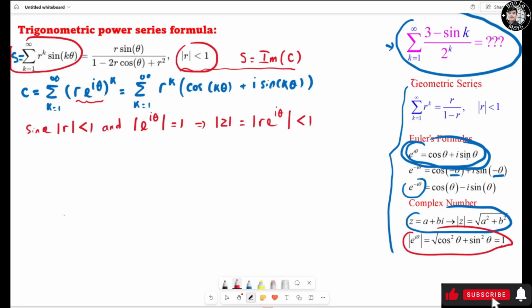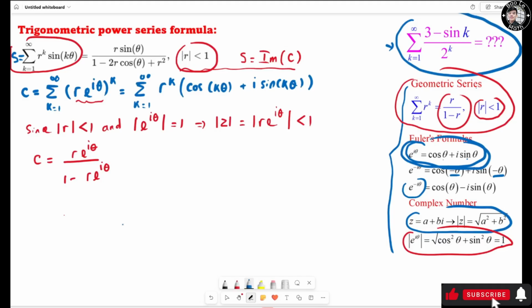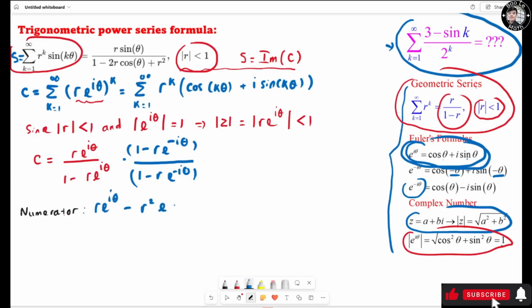So we're going to apply the geometric series formula here. When the absolute value of the common ratio is less than 1, it's going to be this. Now we're going to rationalize the denominator. I'm going to calculate the numerator first. Distributing, it is r e to the i theta minus r squared e to the i theta times e to the negative i theta.